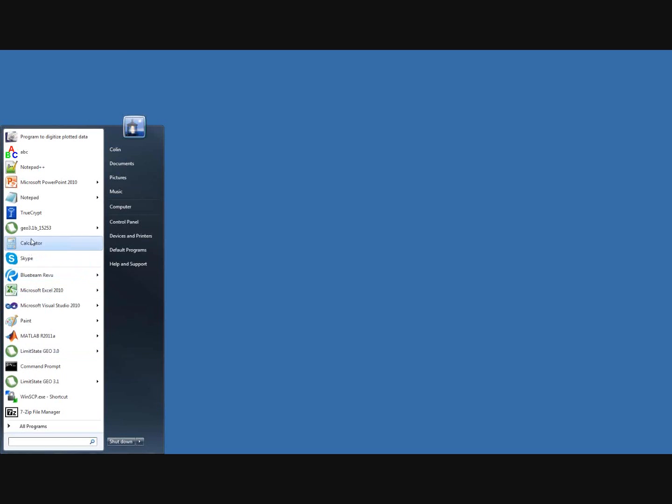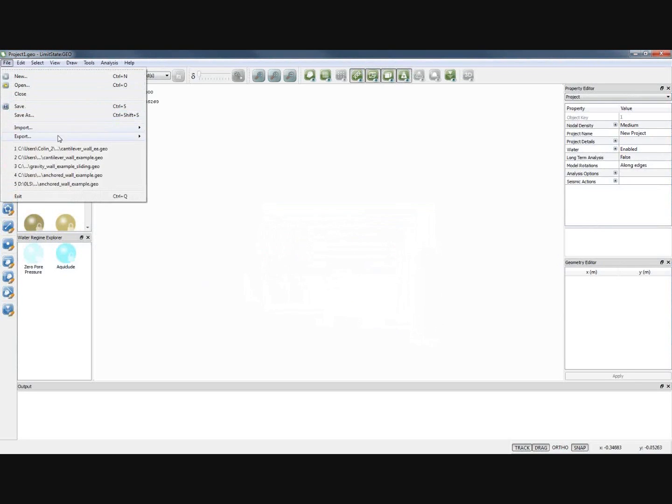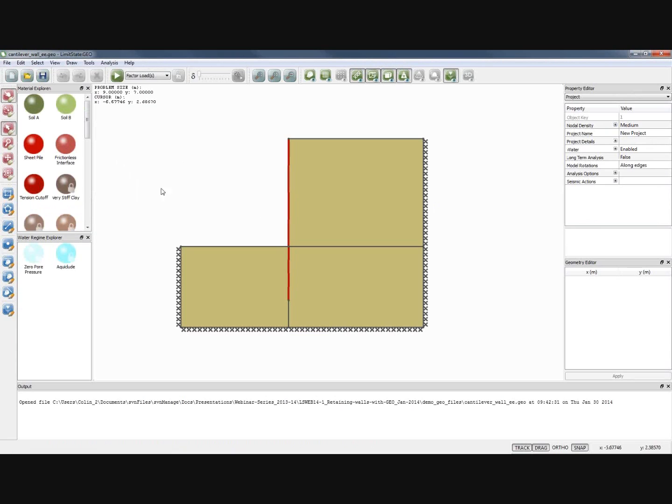So we'll jump back to the software. And what I'll do is go back to that original cantilever wall analysis and actually put a prop in. So we can do this in various ways.